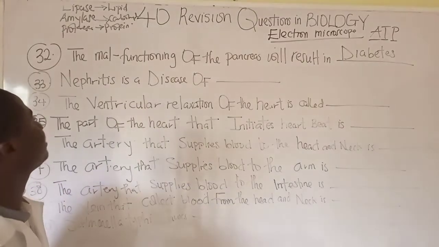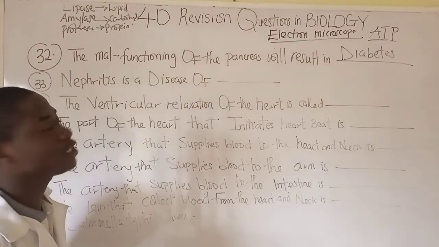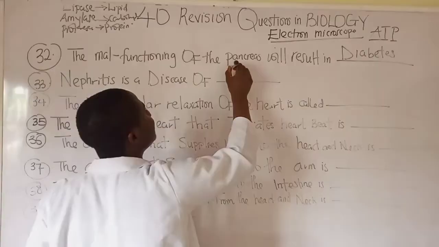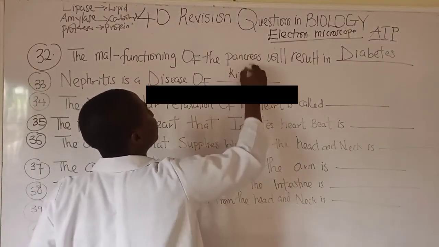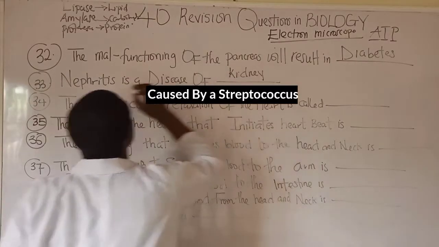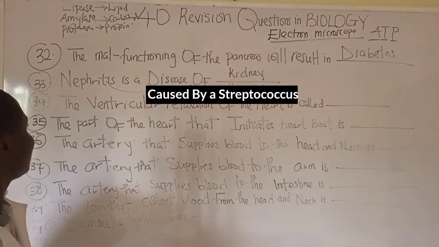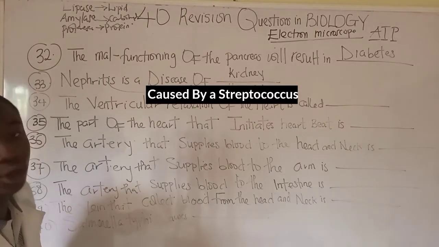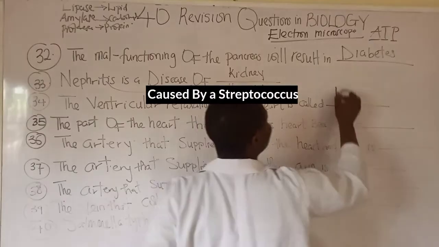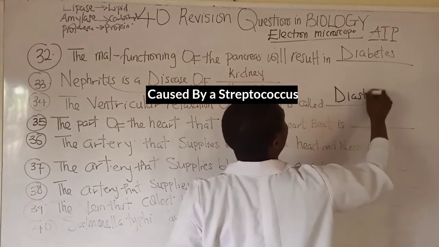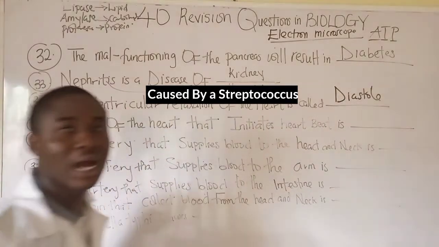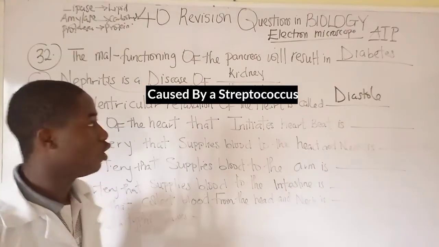Now the next question says nephritis is a disease of the kidney. The next question is the ventricular relaxation of the heart is called diastole, but the ventricular contraction of the heart is called systole.